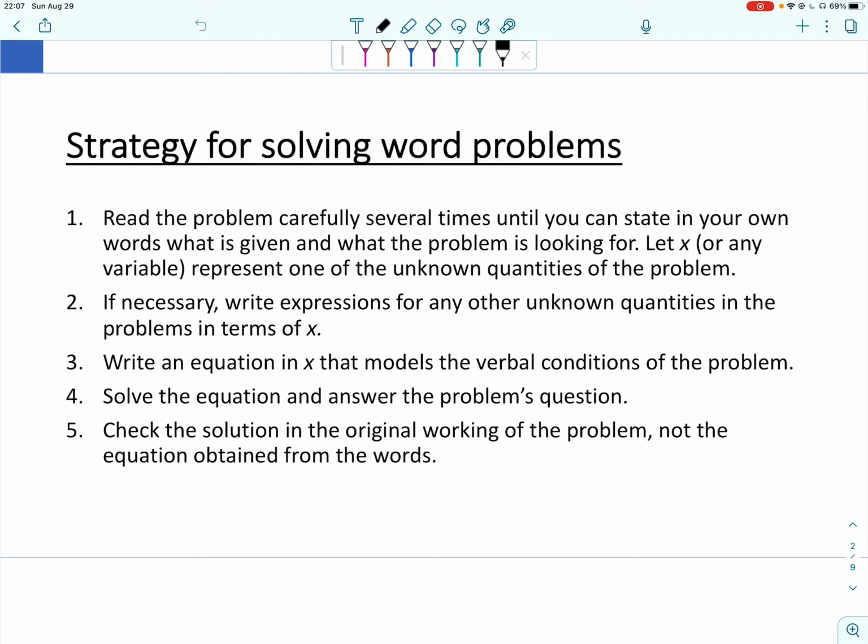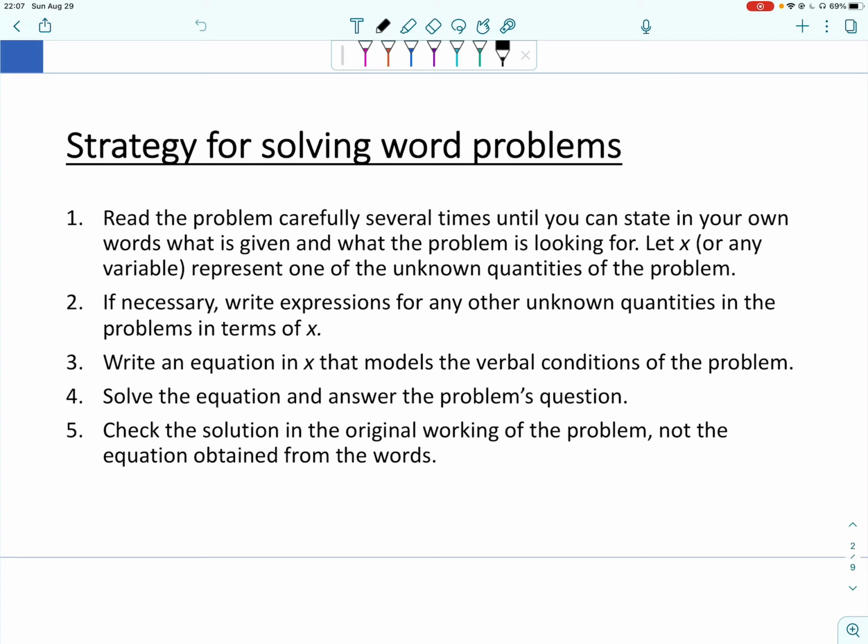The second thing you can do, step 2, if necessary, write expressions for any other unknown quantities in the problem in terms of X. So this is where we're going to actually create an equation for our problem. Step 3, write that equation to model the verbal condition.